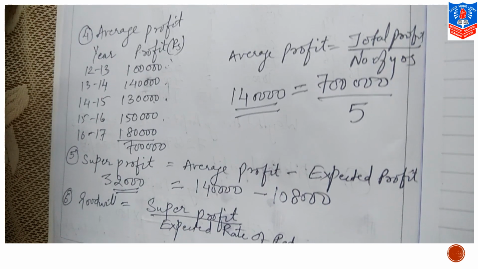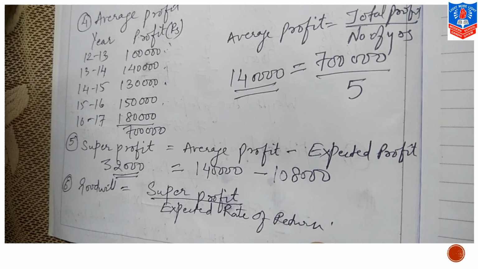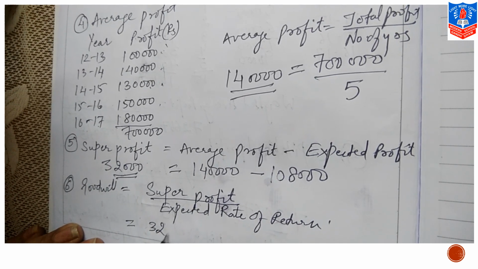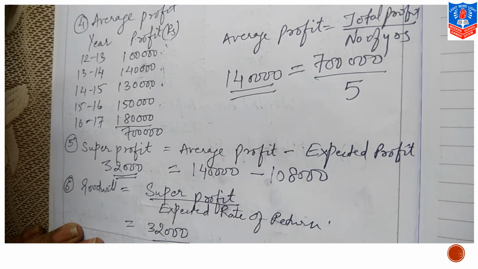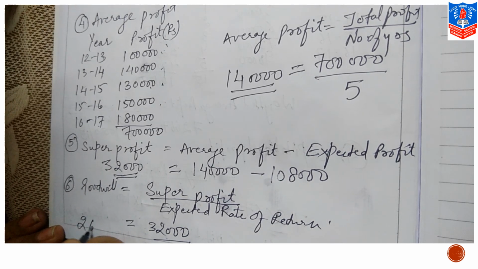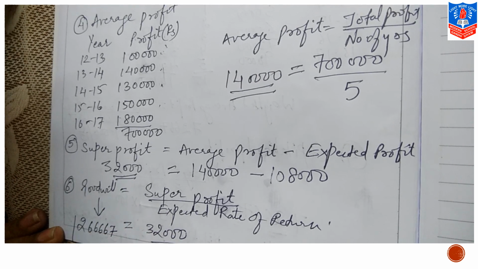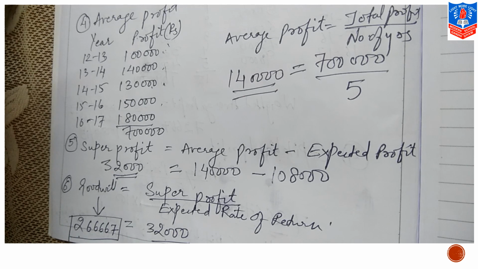Now final step, goodwill is super profit divided by expected rate of return, that is 32,000 divided by 12%. This way you get goodwill of 2,66,667 rupees. Now this completes our practical part.